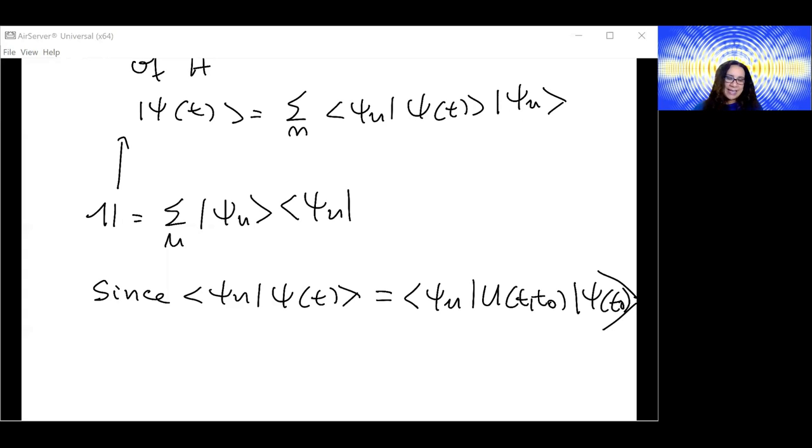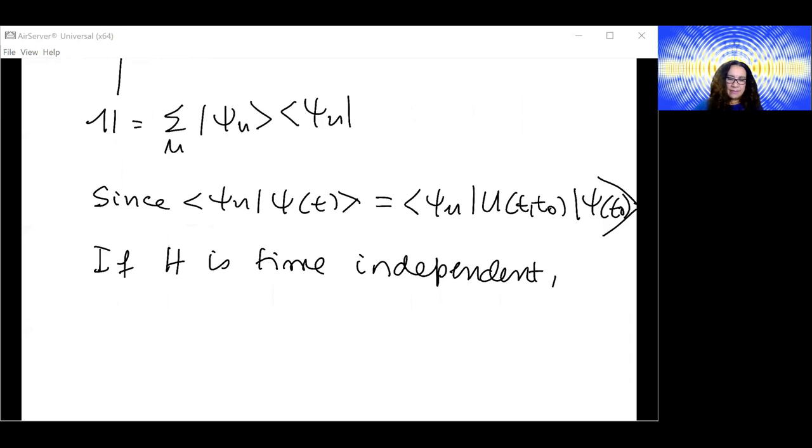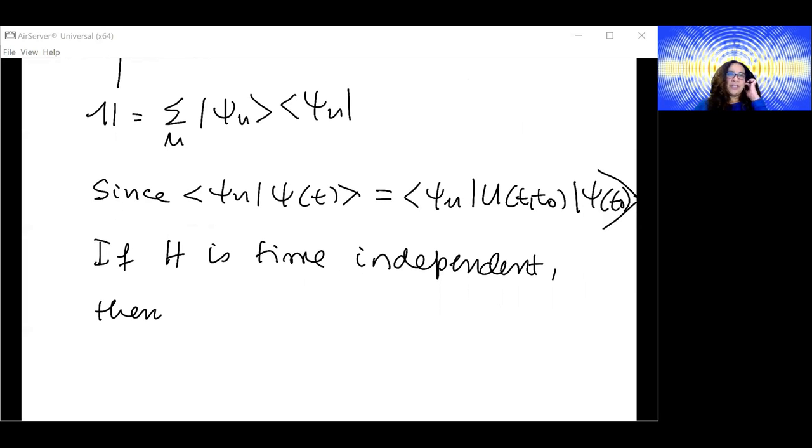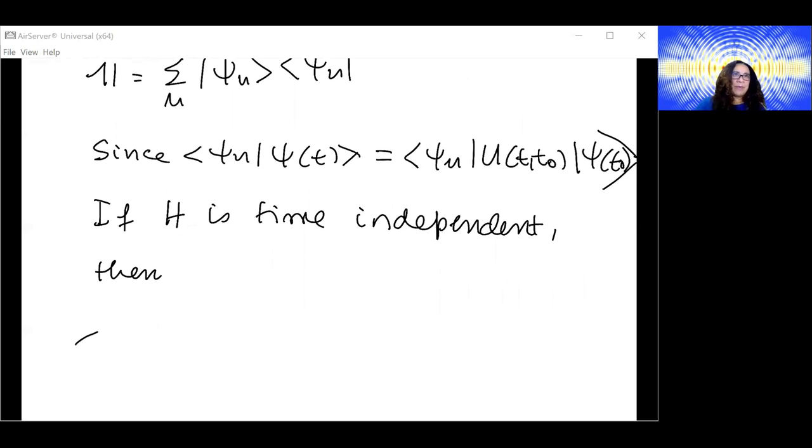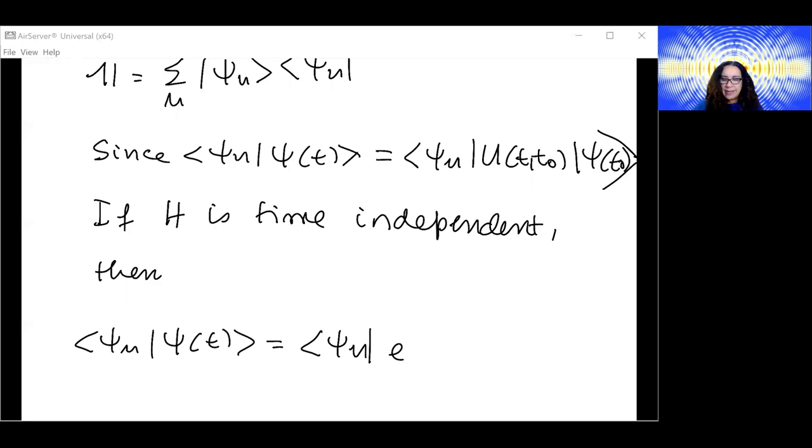Now we can also say that, which is the case if H is time independent, then we're going to have that ⟨ψn|ψ(t)⟩ is going to be ⟨ψn| e^{-i/ħ H (t-t0)} |ψ(t0)⟩.